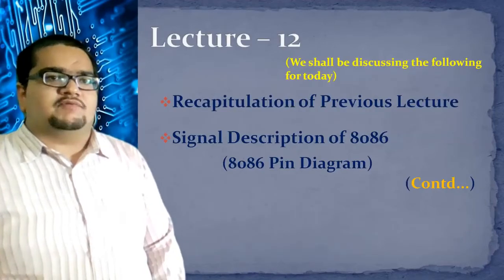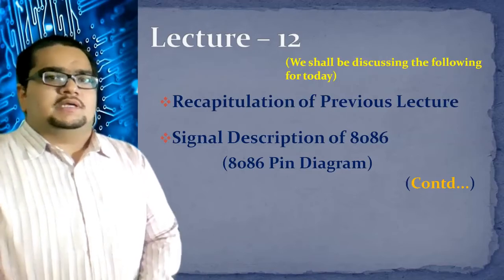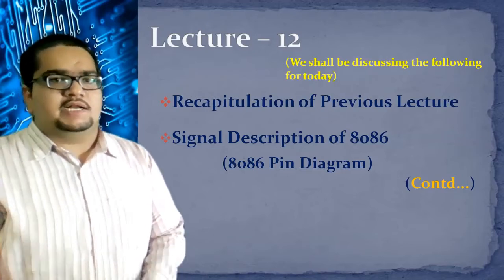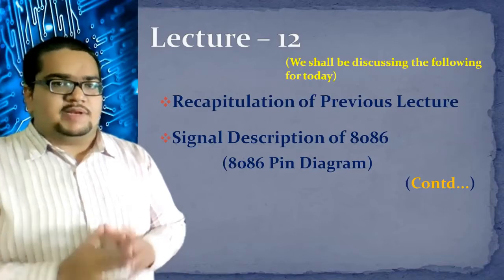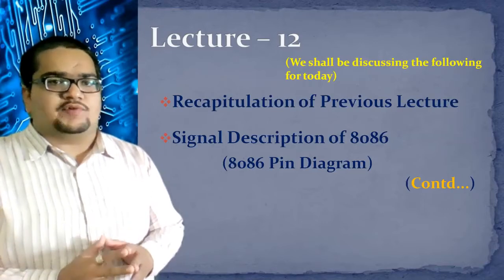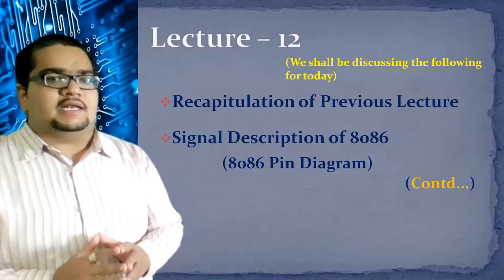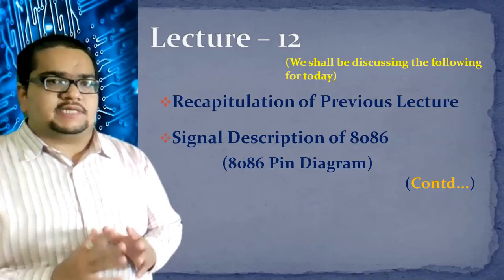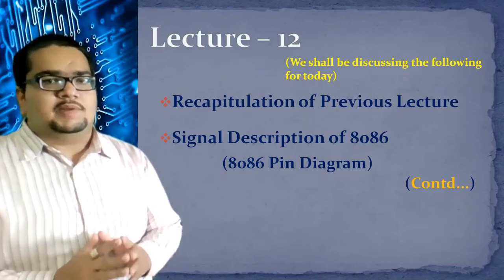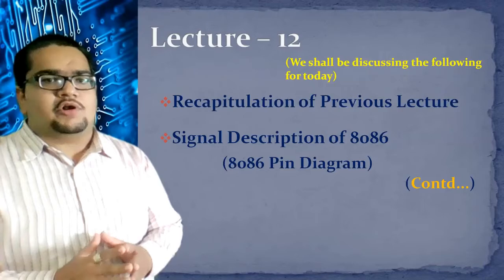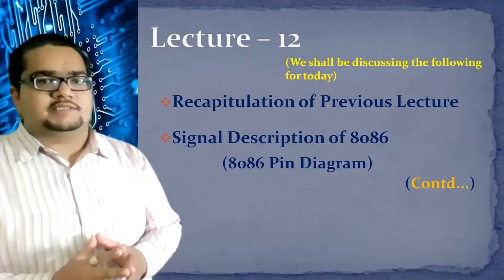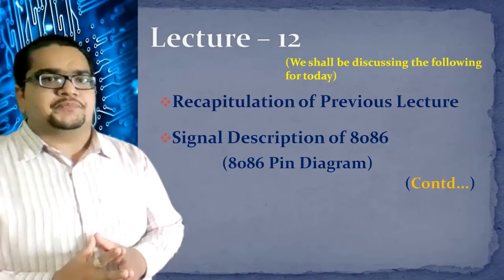In today's lecture, we will be checking out a small recap of what we have studied in our previous class. That is the minimum mode signals and system configuration, followed by the read cycle in minimum mode, how the processor is reading data from the memory in minimum mode. It can be reading from memory or from IO devices, that means input devices also.